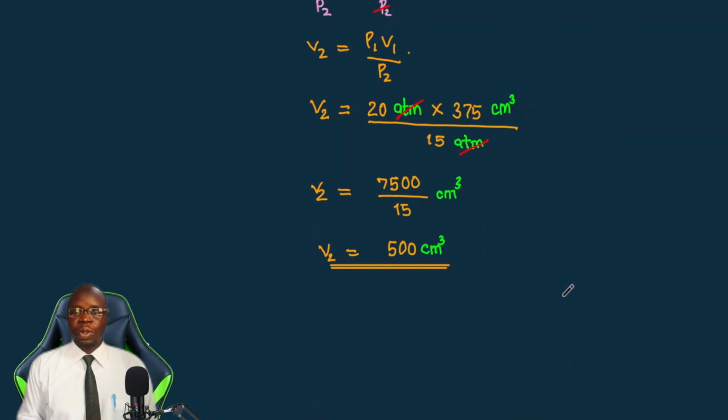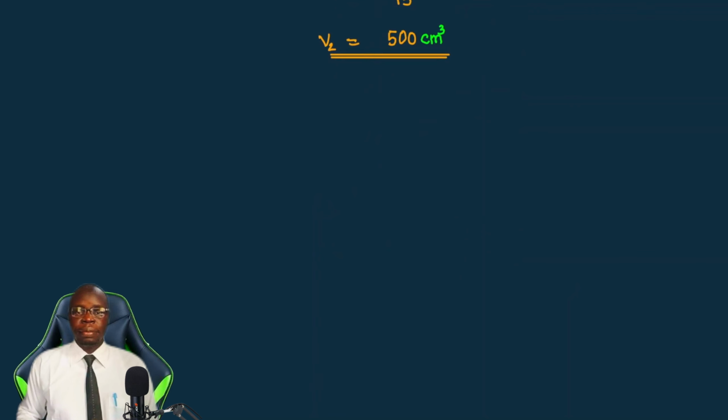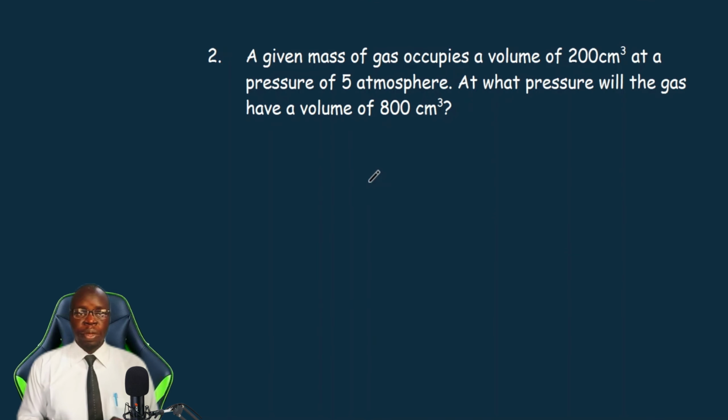So let's proceed to question number 2 immediately here. Question number 2 says a given mass of gas occupies a volume of 200 cubic centimeter at a pressure of 5 atmosphere. At what pressure will the gas have a volume of 800 cubic centimeter?